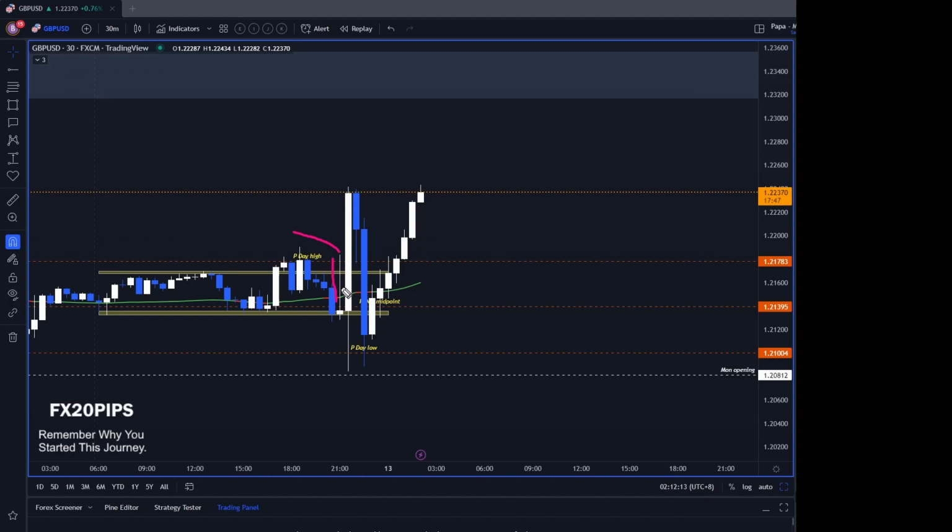You can see from this wick here. And then at 9:30, when the news came in, I remember watching the price went up a bit, and then it came all the way down, and then it shot all the way up.